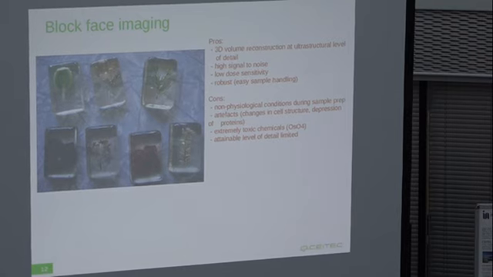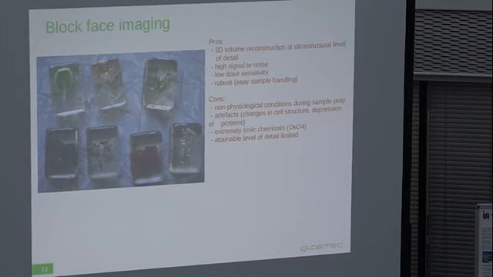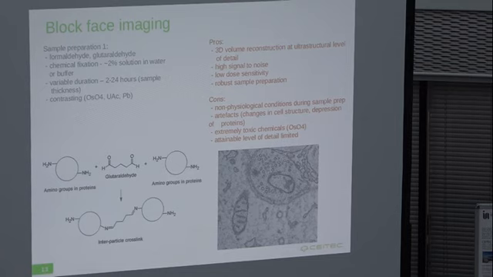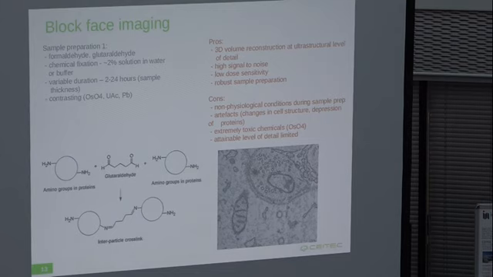Still, we work at non-physiological conditions, use fairly toxic chemicals, and the level of detail we can reach is limited by the whole procedure of the sample prep. So the sample preparation comprises again chemical cross-linking, for which we primarily use either glutaraldehyde or formaldehyde in, say, a 2% solution in water.